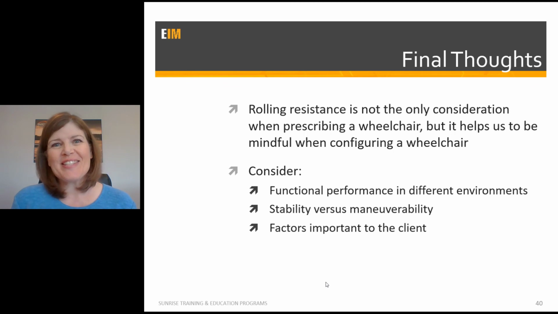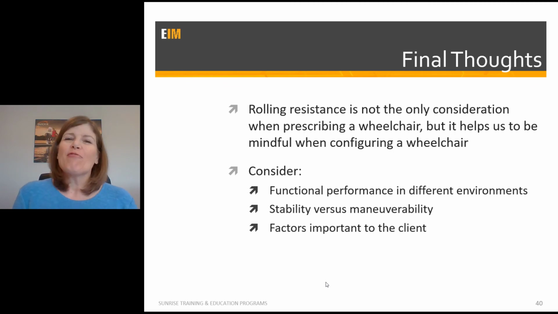And then final thoughts as we're wrapping up this webinar. Rolling resistance is clearly not the only consideration that we think about when prescribing a manual wheelchair, but it is helpful for us to be mindful of this when we are configuring a wheelchair, if we're in an optimal, ideal world and we have the availability to make choices for our clients or with our clients at the outset.